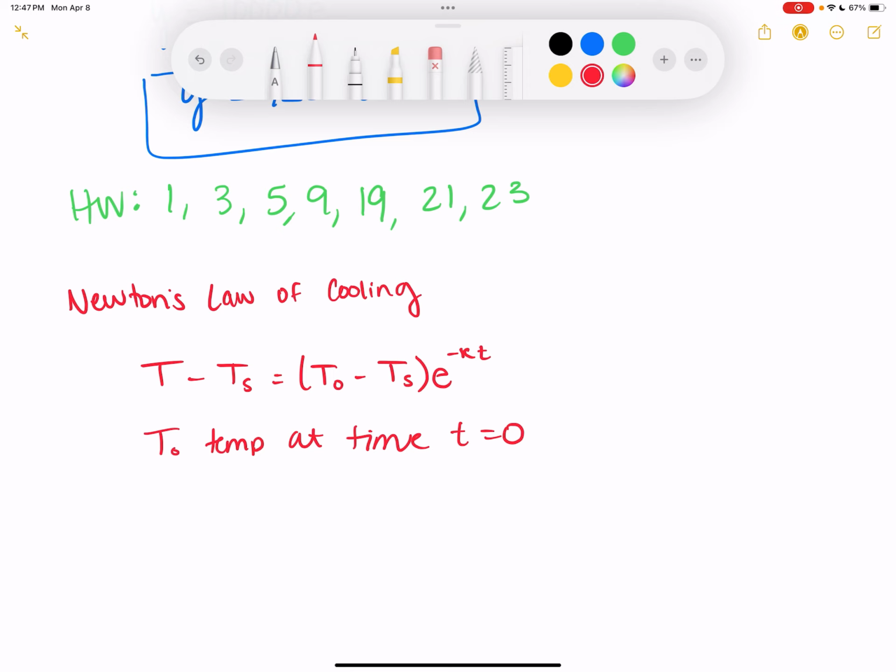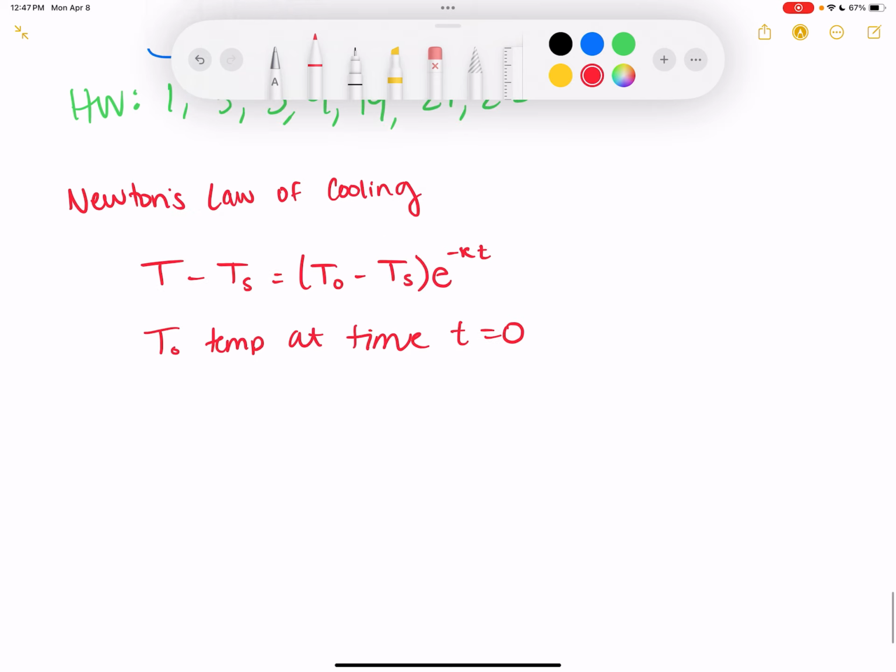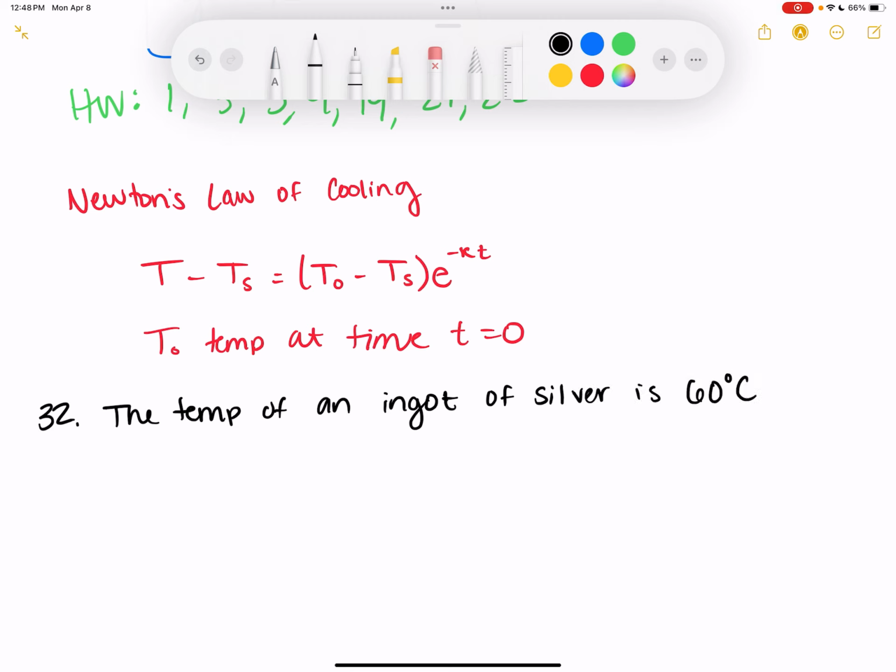All right, so we're going to do one that deals with cooling down some silver, and the one that I'll give you to do is cooling soup, but the process will be the same. So number 32, the temperature of an ingot of silver is 60 degrees Celsius above room temperature right now.